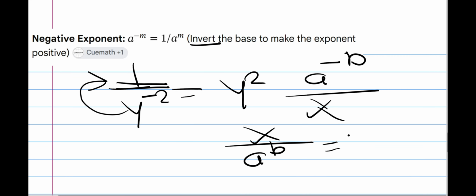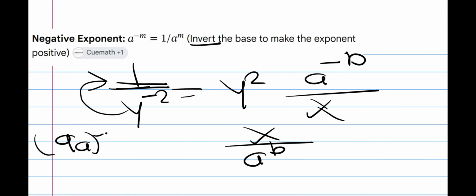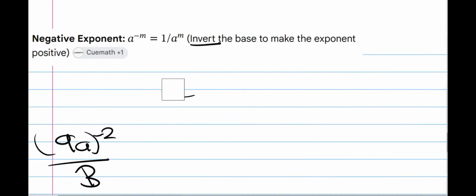And another one would be, let's say, 9a to the power of negative 2 over 3. In order to solve this problem, this is kind of pretty long, but don't worry, I'll try to show it in a simple way.